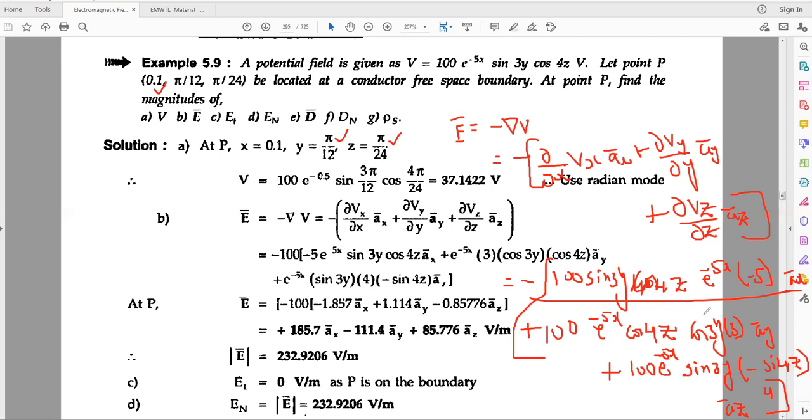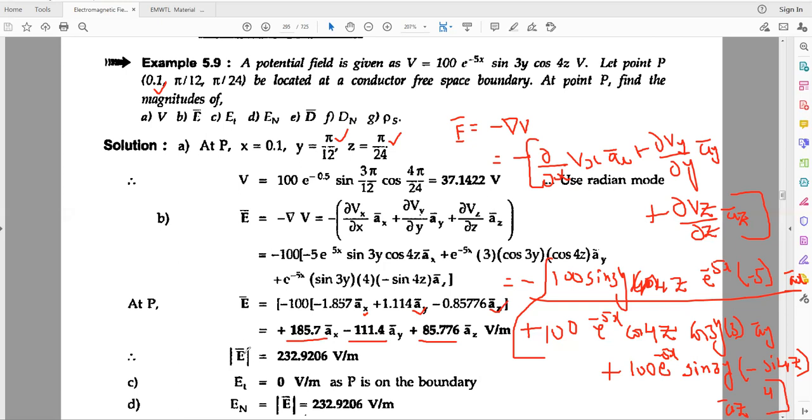Substitute all the x, y, and z values in this equation and find the coefficients of Ax, Ay, and Az bar. The Ax bar coefficient is 185.7, minus 111.4, and plus 85.77 is the Az bar coefficient.